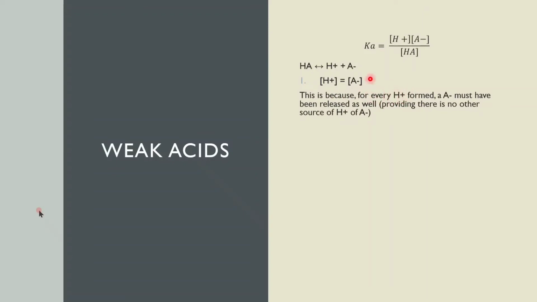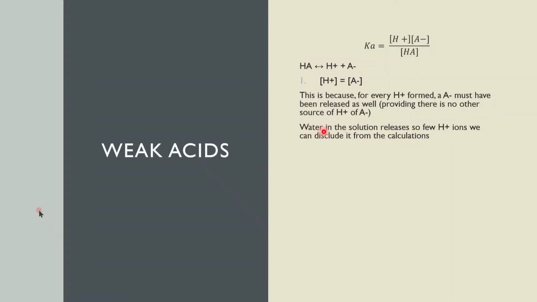This is because for every hydrogen ion formed, an A- must be released as well. So providing there is no other source of hydrogen ions or A- ions, these must be equal. As we see here, for every hydrogen ion that is produced, we are going to have to lose an A- as well.